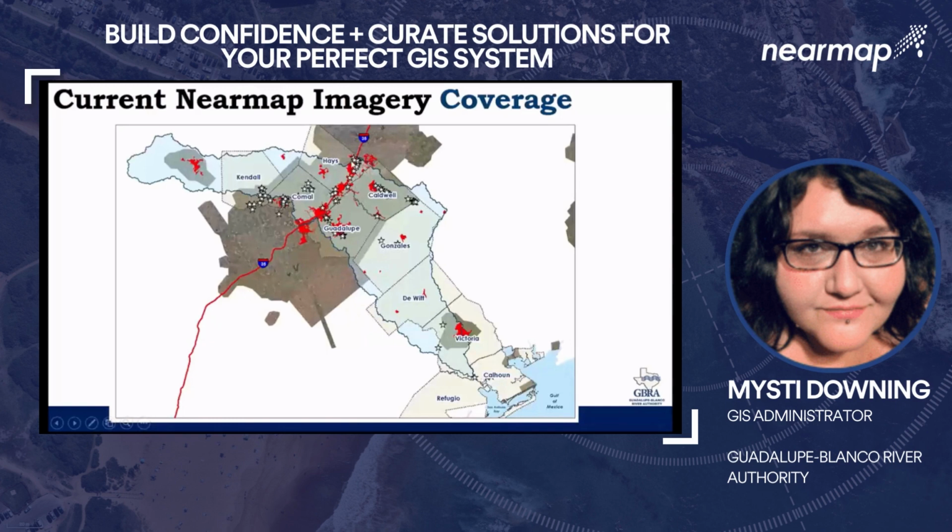So along 35, all the little stars are just different GBRA facilities. I mostly just wanted to show why we did choose Nearmap. Even though it doesn't cover our whole jurisdiction, it absolutely covers where we have most of our areas of work and concern.